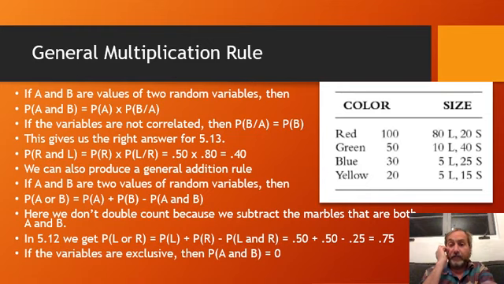Out of the red marbles, 80 are large, as we see in the second column. So that's 80 out of 100, 0.8. Convince yourself: divide 80 by 100 on your calculator and you'll get 0.8. So we have the probability of R, 0.5, times the probability of L conditional on R, 0.8. Multiply those together and you get 0.4. That's the right answer.